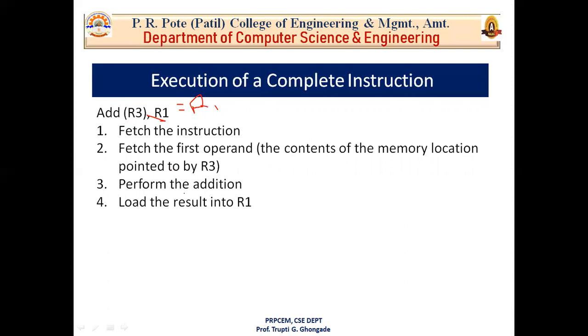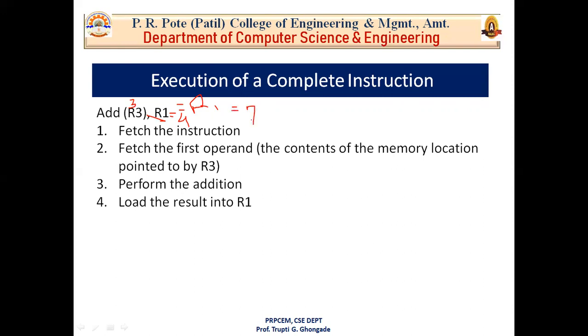Now after that perform the addition. Now R1 is stored in the processor. For example, R1 contains the value 4. Now this R3 will work as an address. So the address pointed to by R3 is holding the value 3. Now we have to perform the addition. 3 plus 4 is 7. So now we have to store the result into R1.